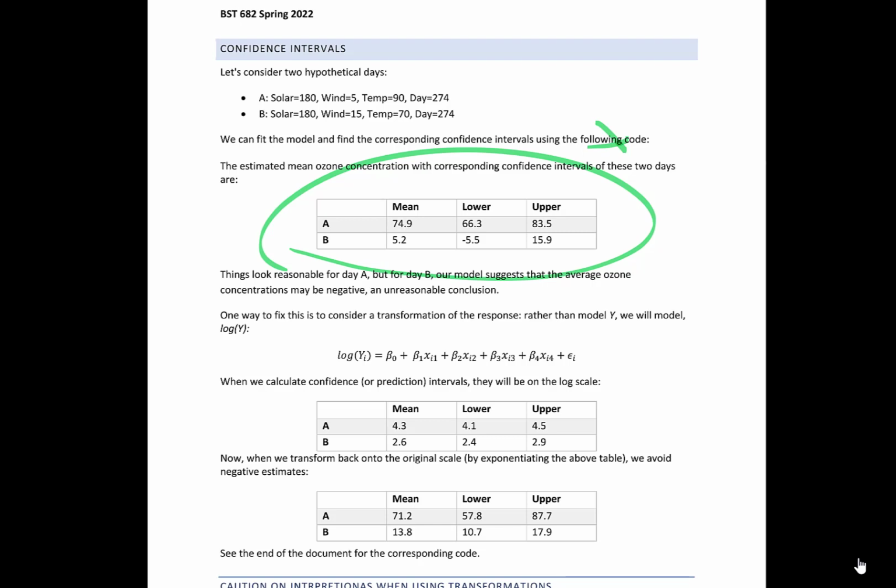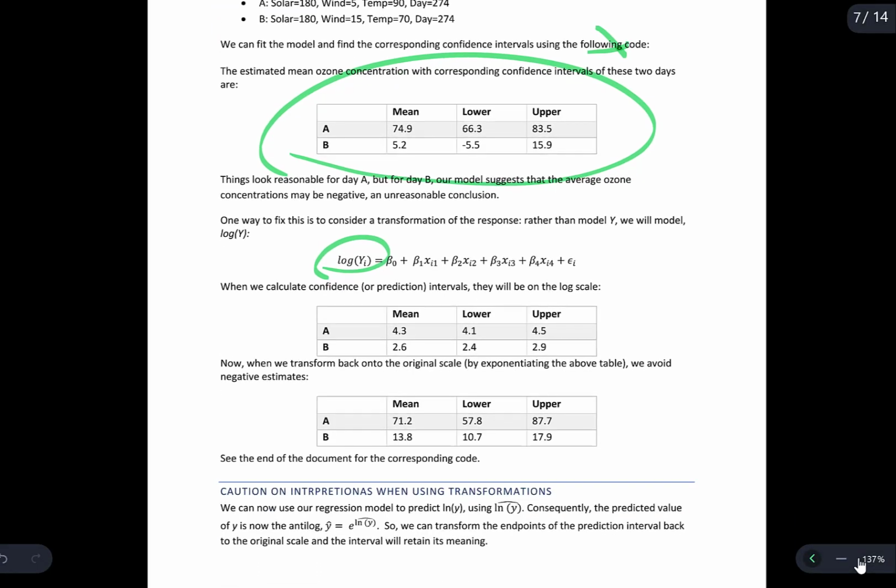We just read that transforming the response can help us when we have non-normality or we have violated heteroscedasticity. It can also help in scenarios like this. So here we're going to model log y. Similar to what we did when we transformed the predictor variable, in your data set, you would transform your response variable, refit your models, and find your new confidence intervals.